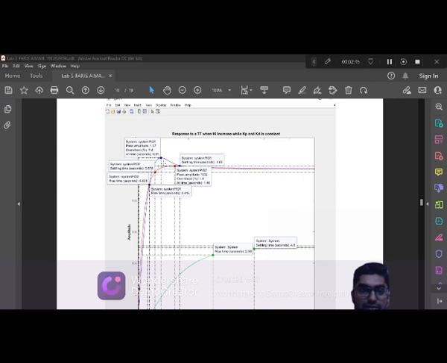At system PID1, peak amplitude is 1.07, and for PID2 it is only 1.02. The overshoot is also a little different: 7.2% for PID1, while for PID2 it is 1.9%.